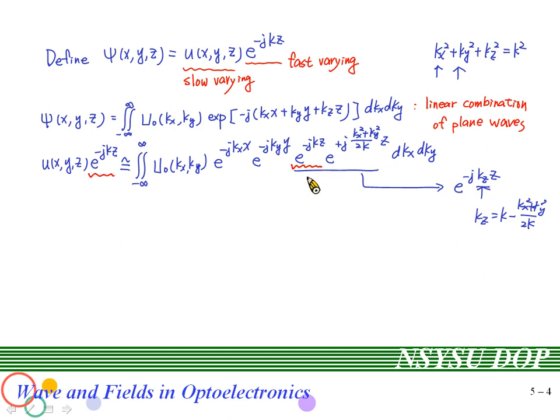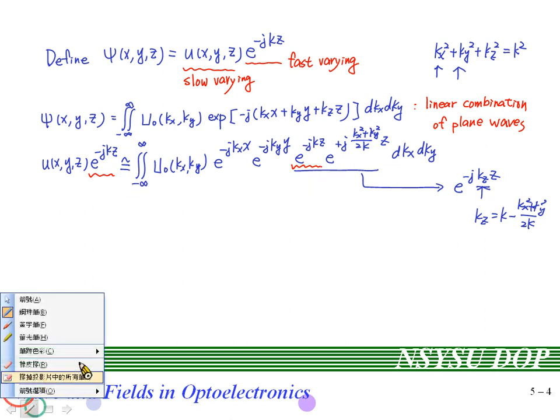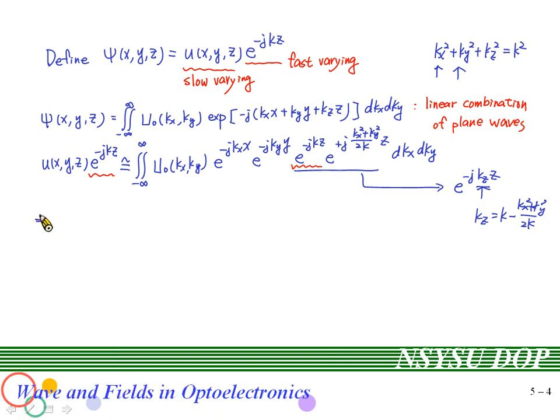So these two are the common term. Then we can say that u of x, y, z can be expressed as the integral of capital U sub 0 of kx, ky times exponential minus j kx times x times exponential minus j ky times y times exponential this term.